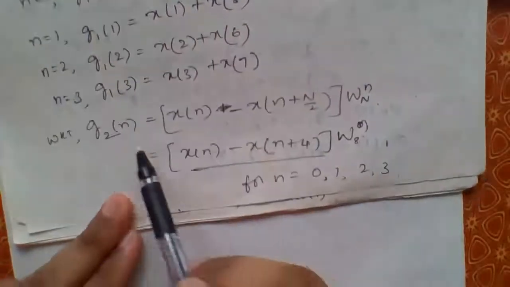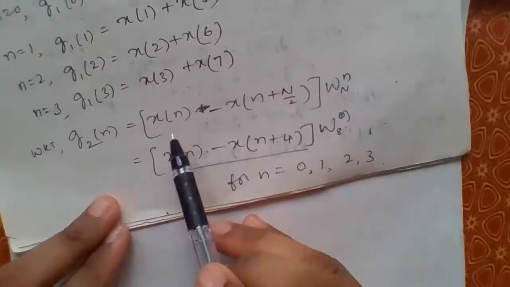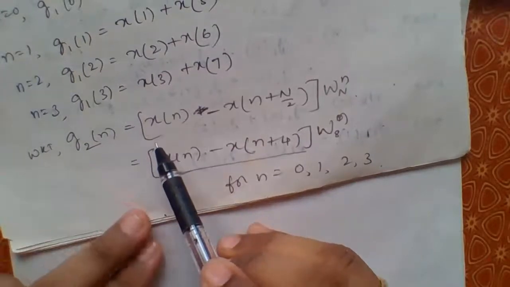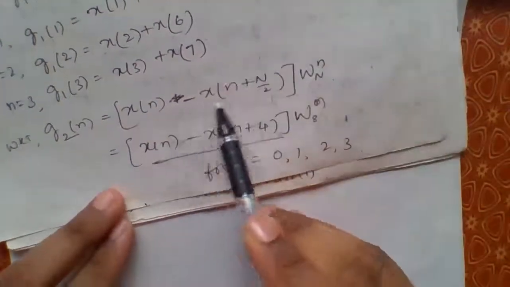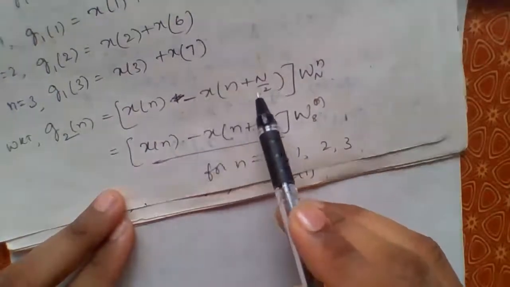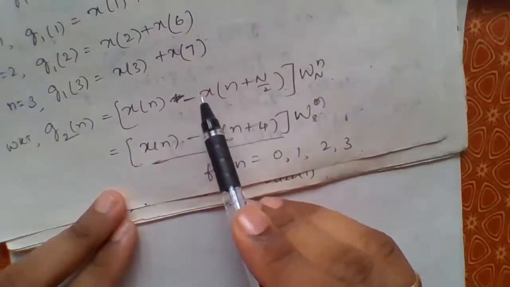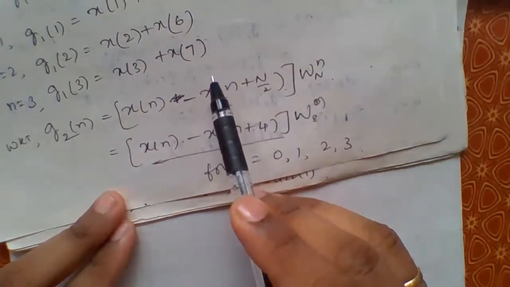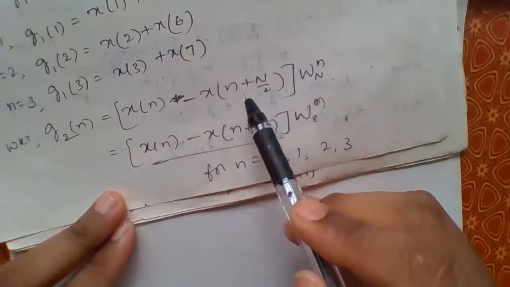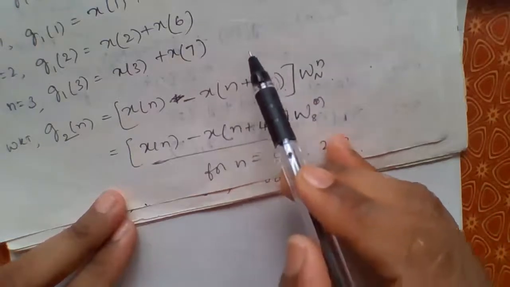This is the G1 of n part. Now going to the G2 of n part, same equation, but what is G2? G2 is related with the odd numbered samples of x of k, where we consider the difference. So it is x of n minus x of n plus N by 2. The reason for getting this minus is that we have replaced k by 2k plus 1, and when you simplify this, it gives minus 1 raised to k.